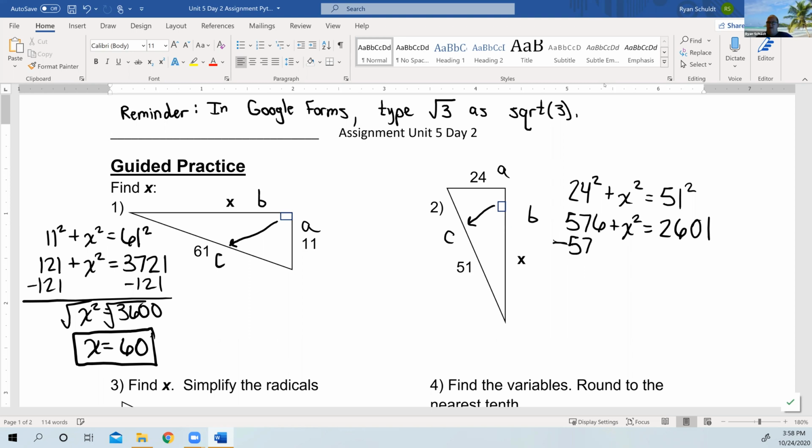Subtract 576 from both sides. We're going to get x squared equals 2025. Take the square root, and you get x equals 45.